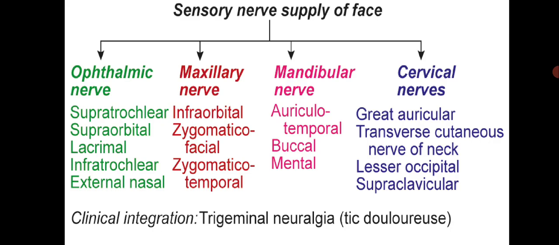The mandibular nerve gives auriculotemporal, buccal, and mental branches. The cervical nerves give great auricular, transverse cutaneous nerve of the neck, lesser occipital, and supraclavicular branches. Since the sensory nerves are from the trigeminal nerve, the clinical anatomy of the face is trigeminal neuralgia.